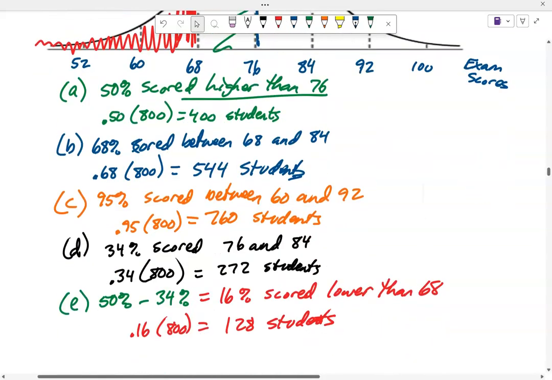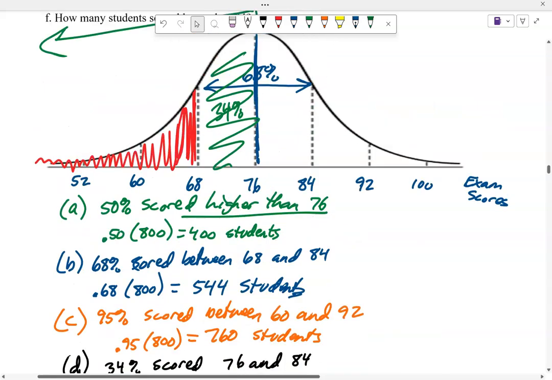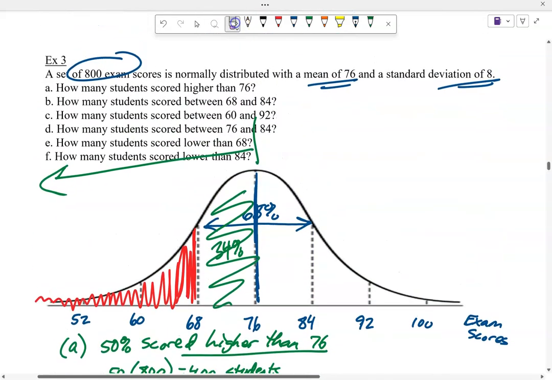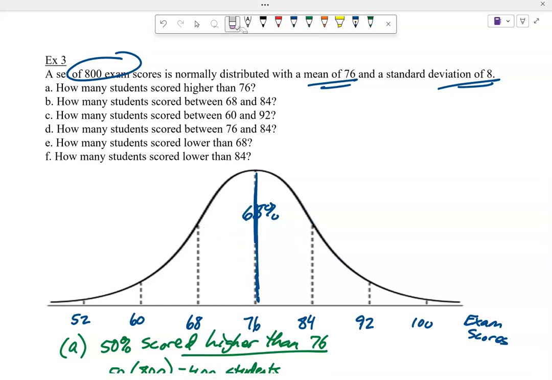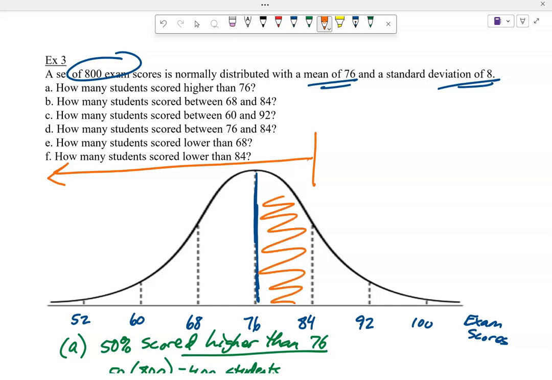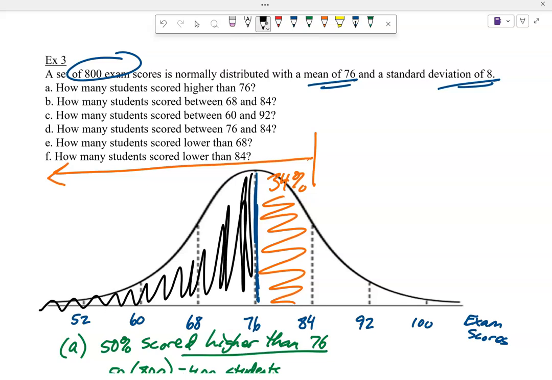All right, let's do this last one. Let me erase this. Lower than 84. Here's our 84, so we want lower than 84. Well, we know this is 34%, and we know everything below the 50th percentile, everything in black, is 50%.